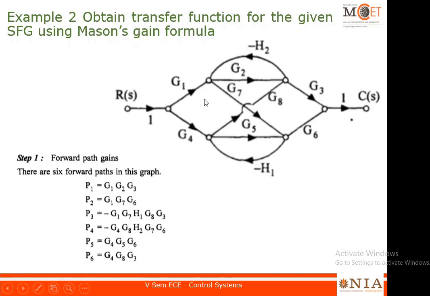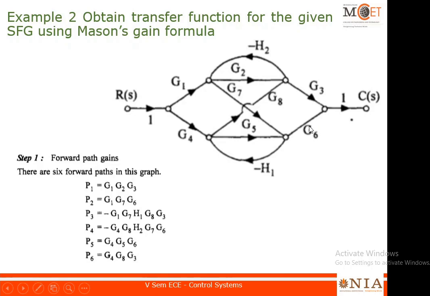The same thing will happen in the other half also, that is here G4, G8, minus H2, G7, G6. So this is another forward path. Similarly G4, G5, G6. Actually the arrow mark is missing here. The arrow mark is towards the one.